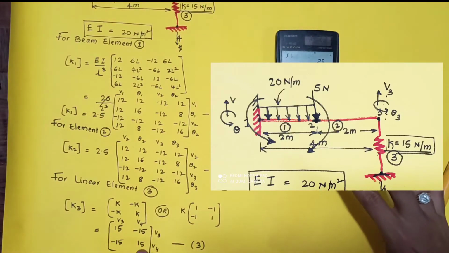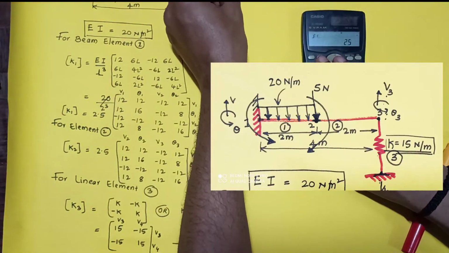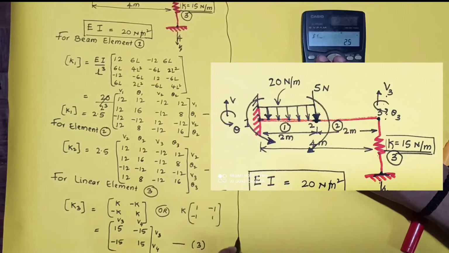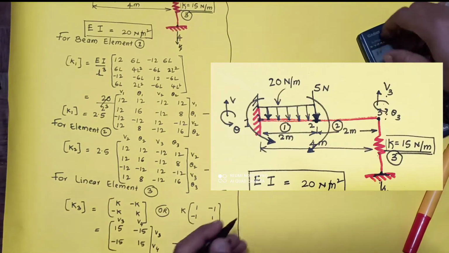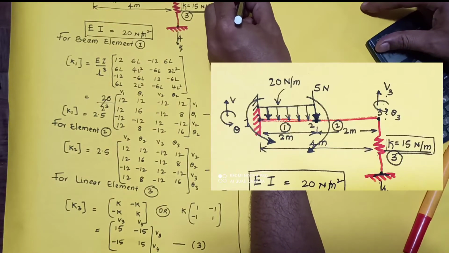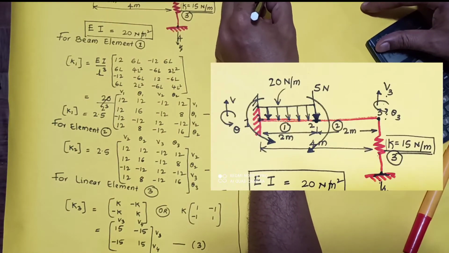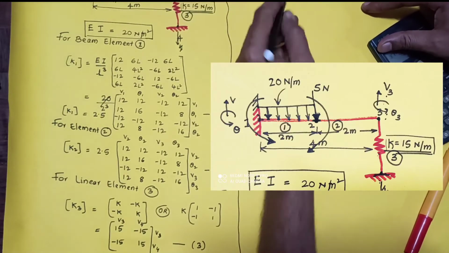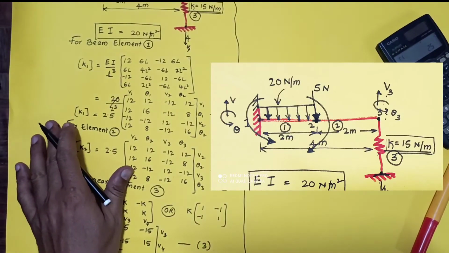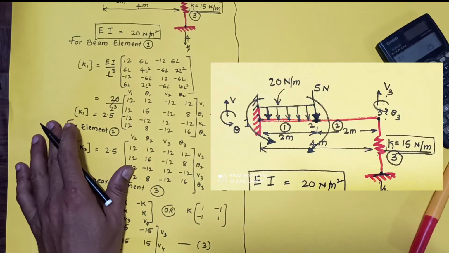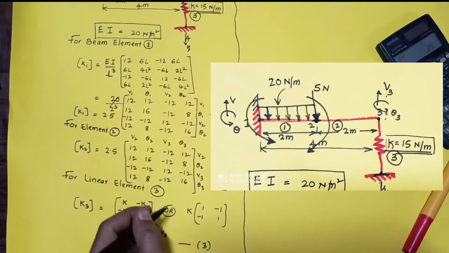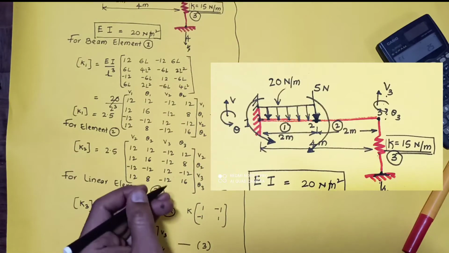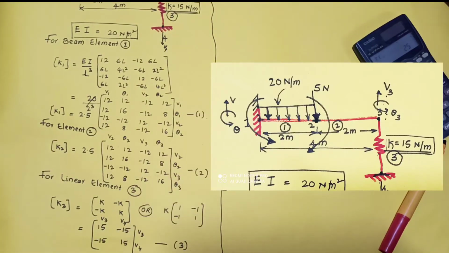After calculating the element stiffness, next you need to calculate the global stiffness matrix. The global stiffness matrix is very important, so you need to understand how to assemble all the element stiffness matrices, like 1, 2, 3 we have.